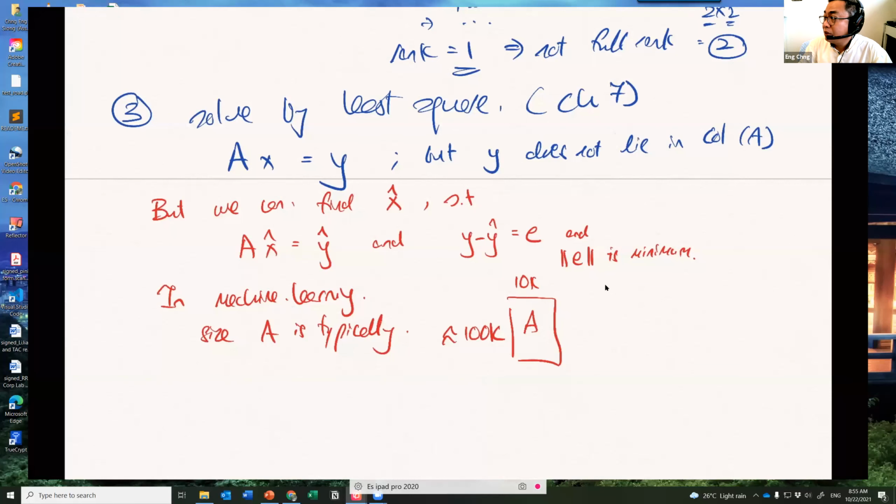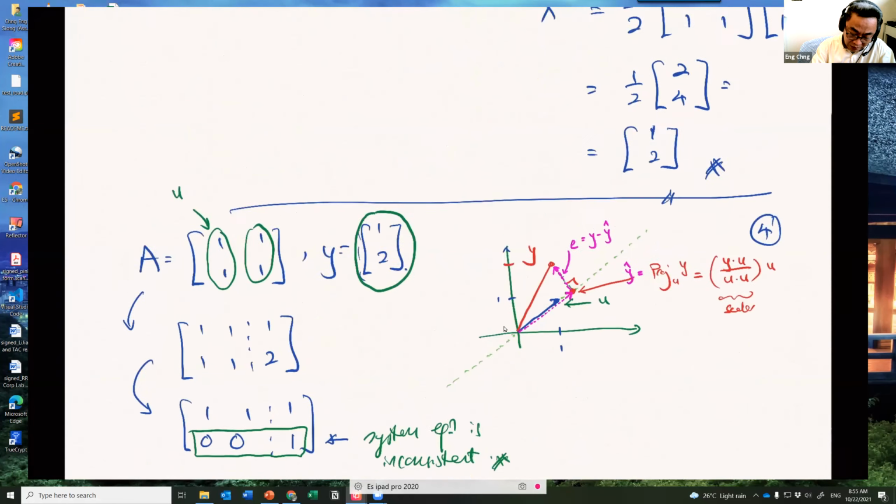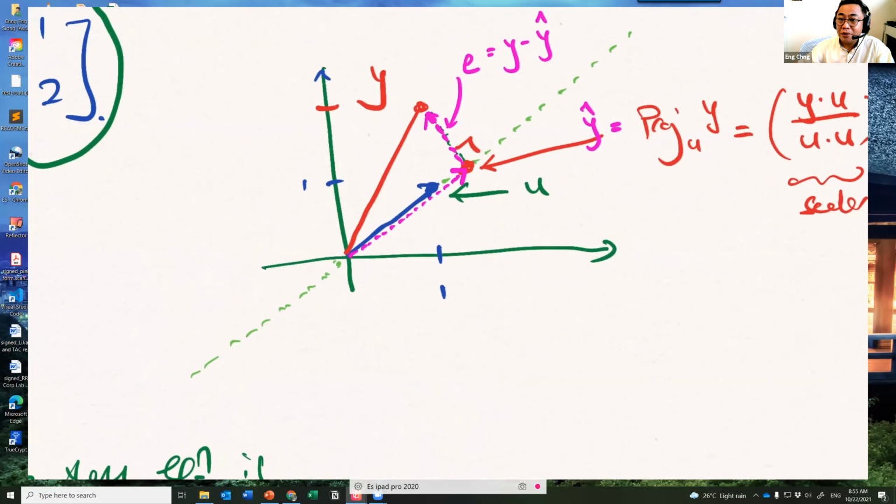Okay, so Oliver asked why we are not solving by the normal equation. Here we are going to solve by least squares, which is the normal equation. The normal equation basically means that you are not solving to find y, you are solving to find y hat.